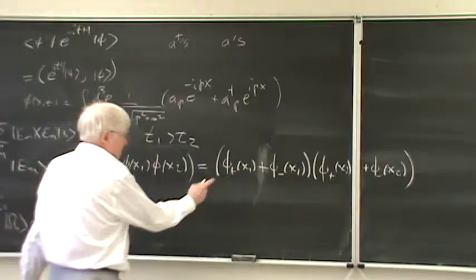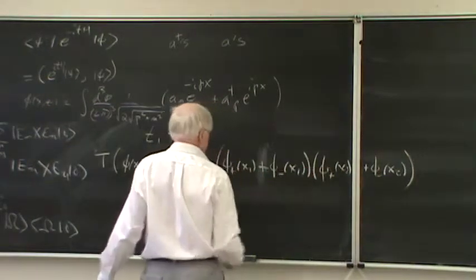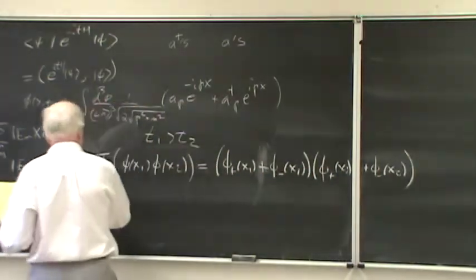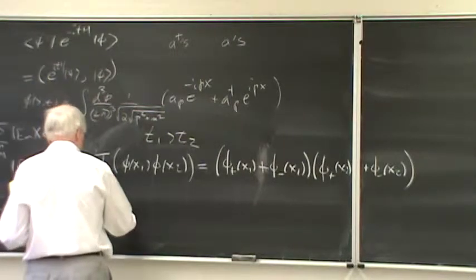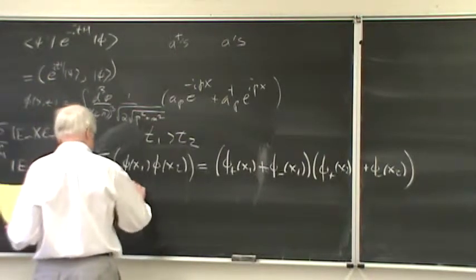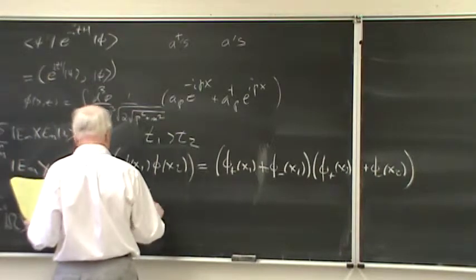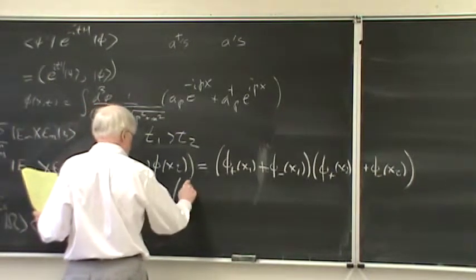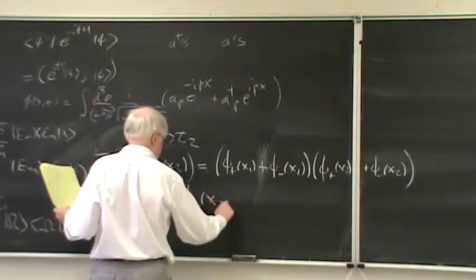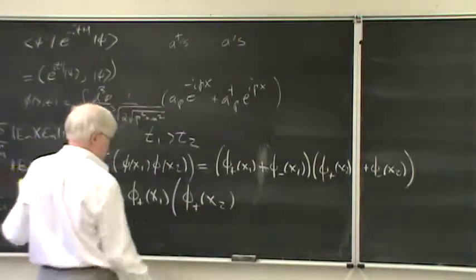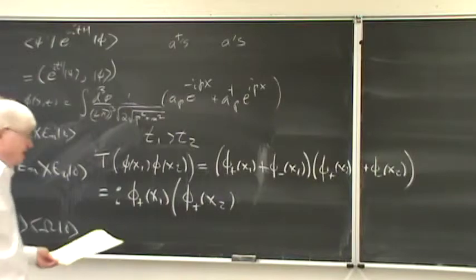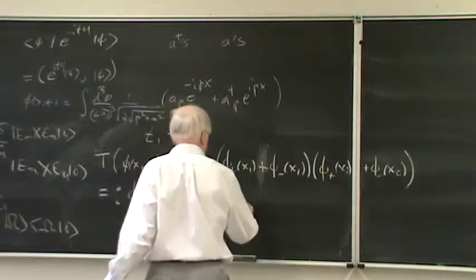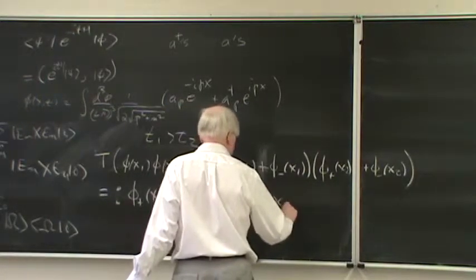Now, this thing is to some extent normally ordered. Namely, if we normal order this thing, that just means we put the phi plus on the left. And now we can put phi plus of x2. That one is still normally ordered because it's just creation operators. And then we have plus phi minus of x2.